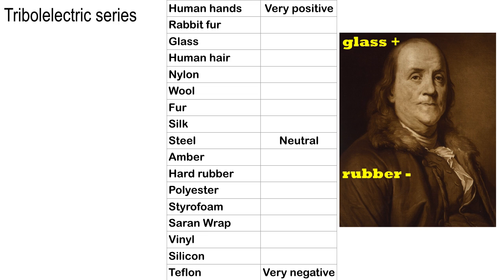He figured out that there were two different kinds of charges. So he said, all right, let's consider the stuff on the glass rod to be positive, the stuff on the rubber rod to be negative, and those positive and negative designations have been our standard ever since.